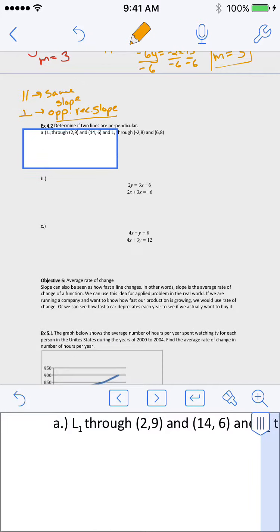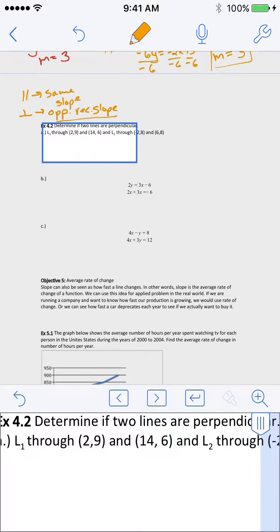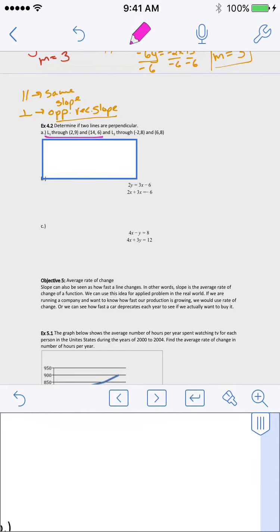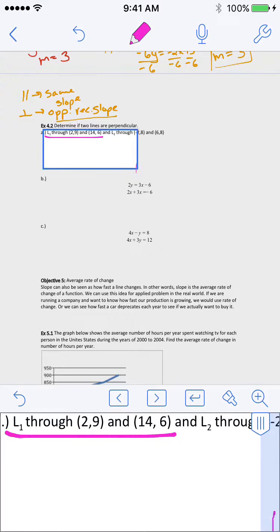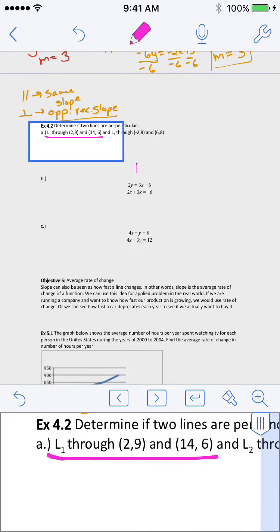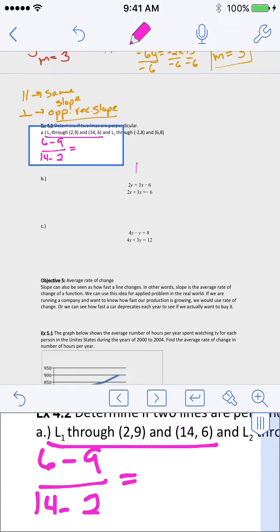All right, so let's do line 1 in pink, because I'm a girl and I like pink. Let's do the slope formula: the second point minus the first point. Hopefully by now the slope formula is a little easier. So we've got the second y, 6, minus the first y, 9, over the second x, 14, minus the first x, 2.